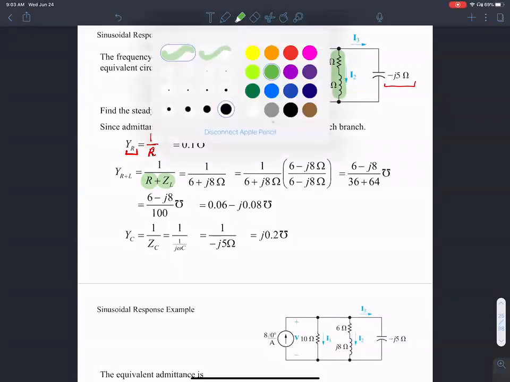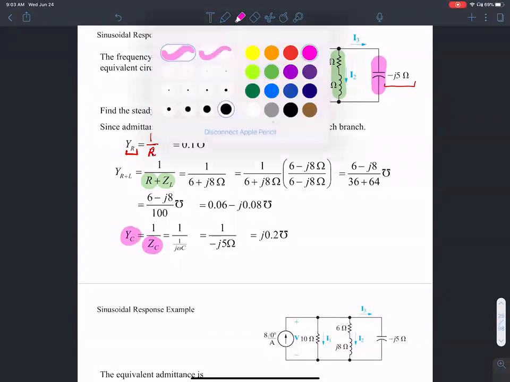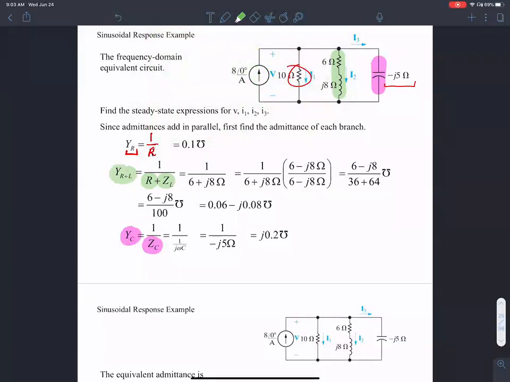Then the impedance of this one corresponds to ZC, and 1 over that corresponds to the admittance of this one. So why am I doing this? If you notice, this whole circuit is simply a parallel combination of three branches.